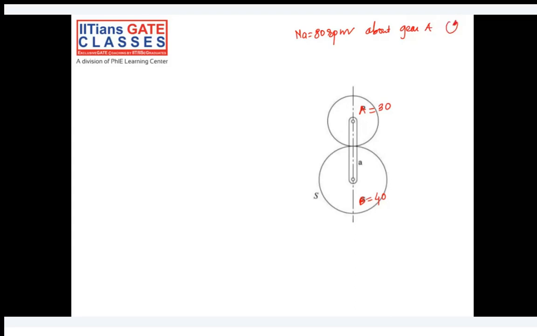They are asking us to determine the speed of gear B. Under the situation, first gear A is fixed.